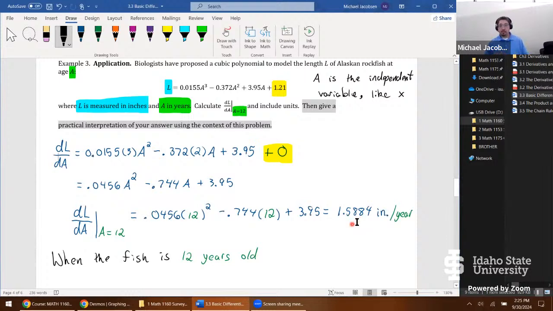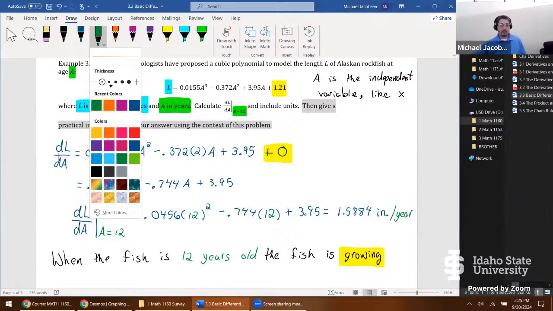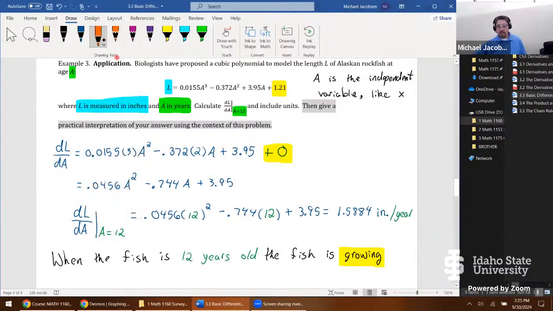Now, because that number is positive, we will say the fish is growing. If it was a negative number, we'd say the fish is shrinking. That may not make any sense in this kind of context, so it's good to have a sanity check there. I think that's tricky enough to deserve some highlighting. Let's mention here, we said growing because that number is positive.